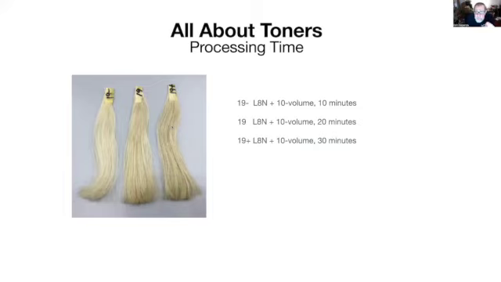Now, you can process a toner up to 30 minutes, and it will give you more deposit. It doesn't give you a darker color than what it says, but if you only go for 10 minutes, then it gives you a lighter version of what you want. So be careful about the timing when it comes to toners.